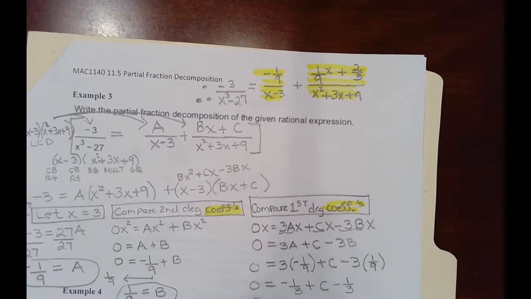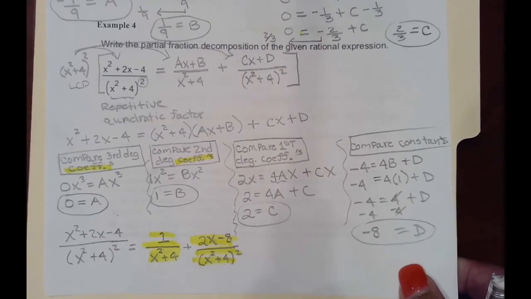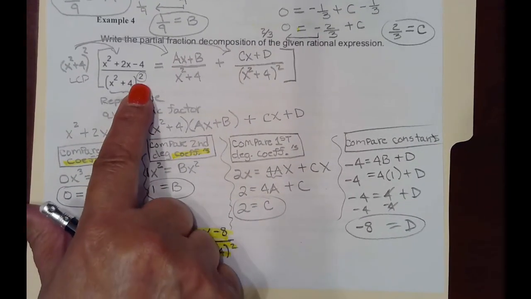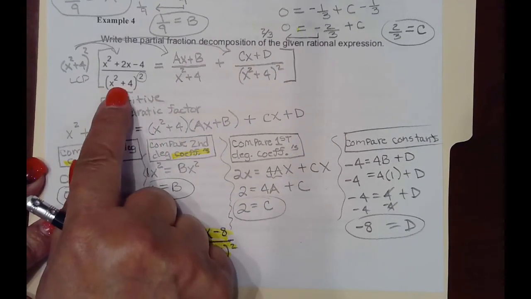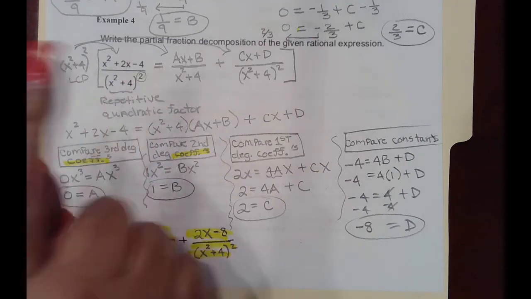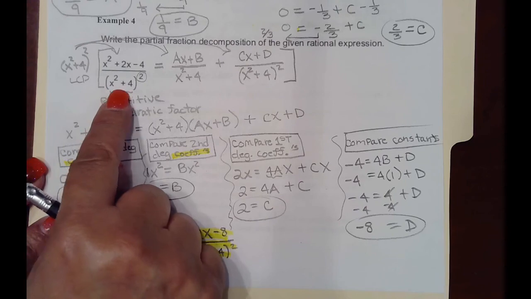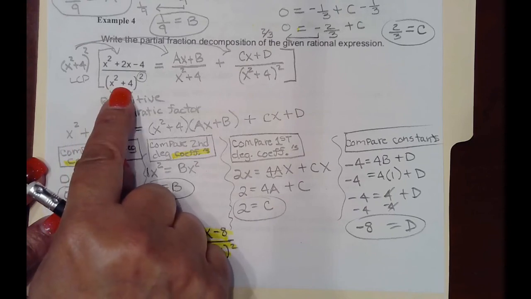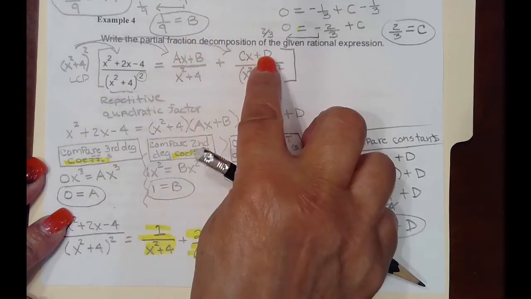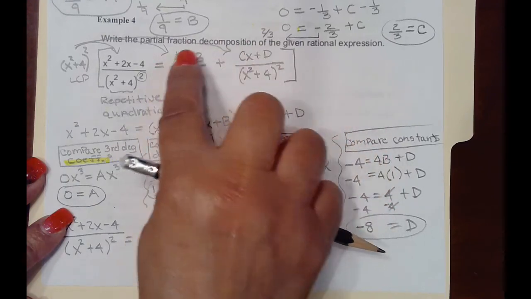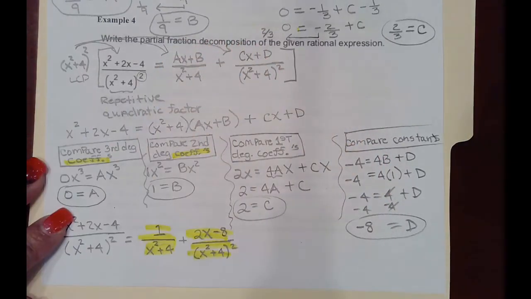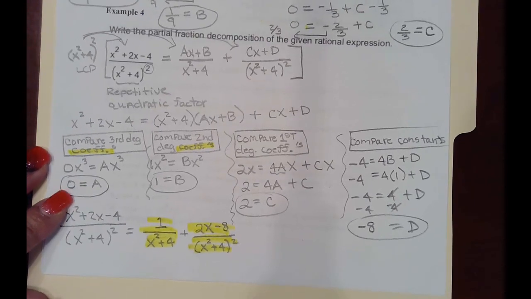And then we also got into some repetitive cases. One on the previous page, and then here was another one where this base repeated. On the previous page, we had a repetitive case, only this base was linear, whereas this base was second degree. So that made both of these numerators had to be linear expressions, and that took quite a bit of work.